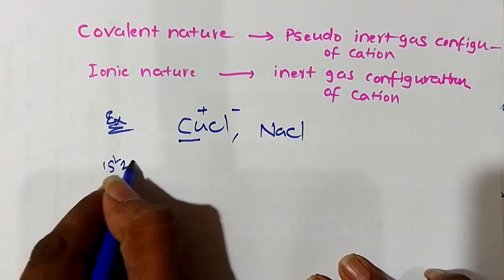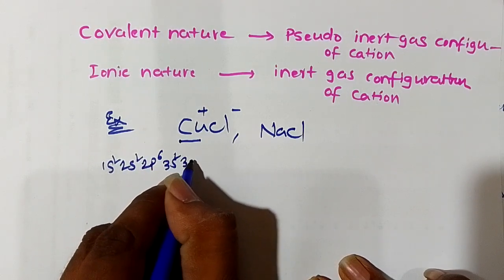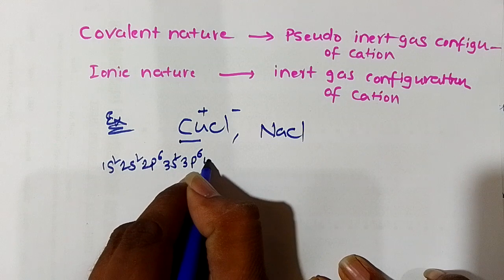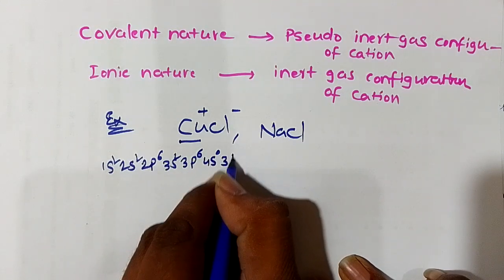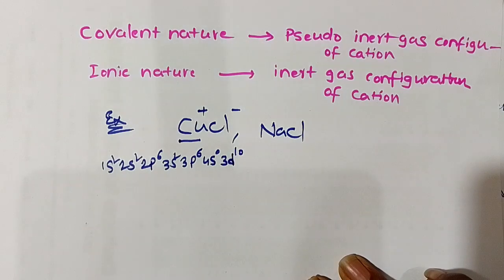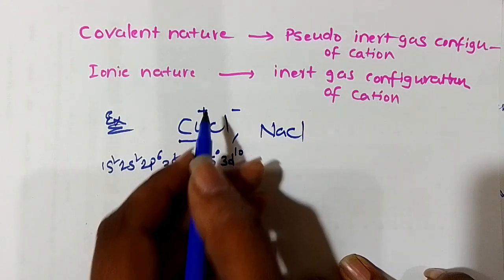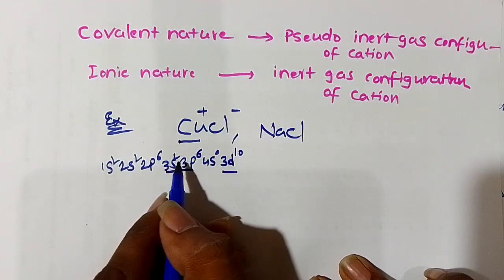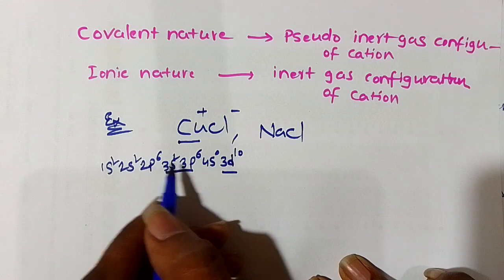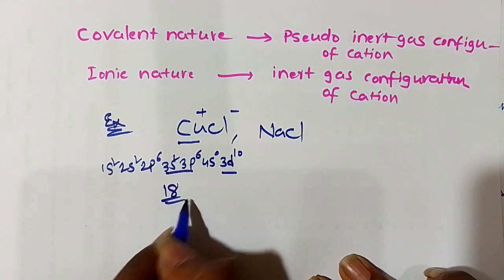So 1s2, 2s2, 2p6, 3s2, 3p6, 4s0, 3d10. This is the electronic configuration of Cu plus. Now how many valence electrons? 6 plus 2 is 8, 8 plus 10 is 18 valence electrons.